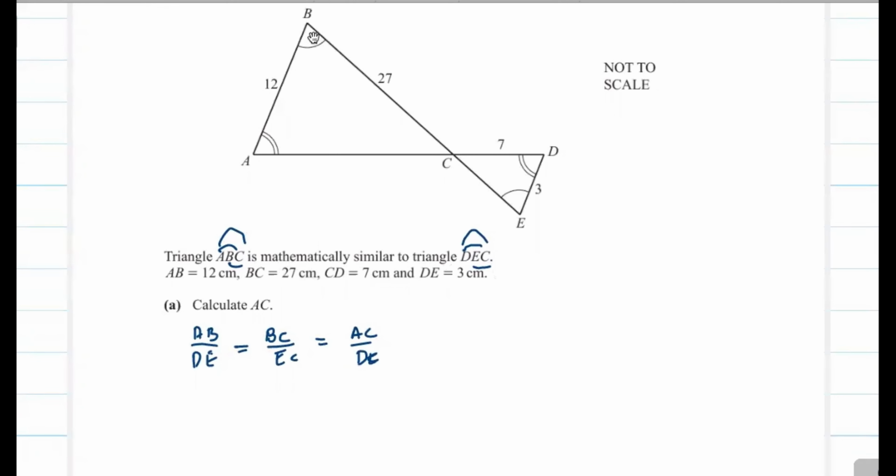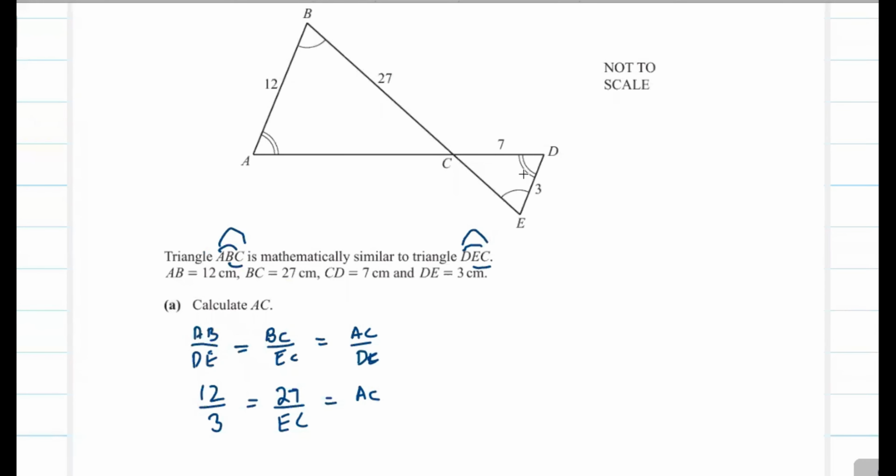You see here AB is equal to 12 centimeters. DE length will be 3 centimeters. And BC length, BC is 27. And EC length, EC is not given. AC length, you see here AC as it is.